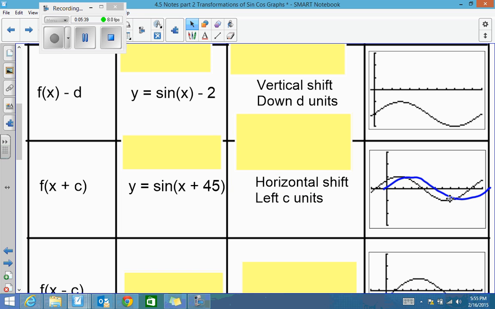So again, if we think of this as the sine of x equation, shifting it to the left 45 degrees would take it from being at the origin, the y-intercept at the origin, and it would shift it to the left. So it kind of places it off center. So it hits the x-axis more into the negative values.